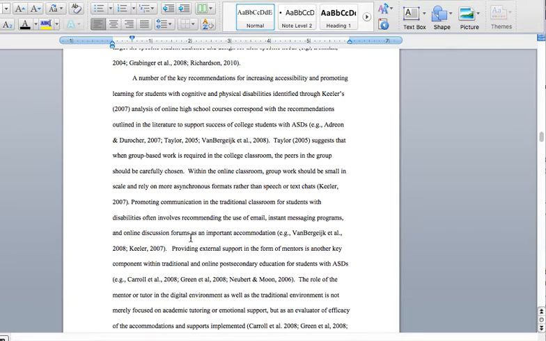So in the sample paper here, my thesis was that online college could be beneficial for students with autism.